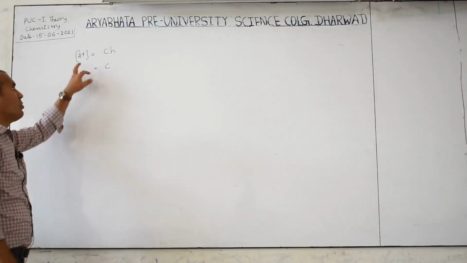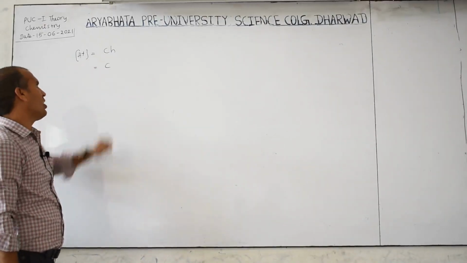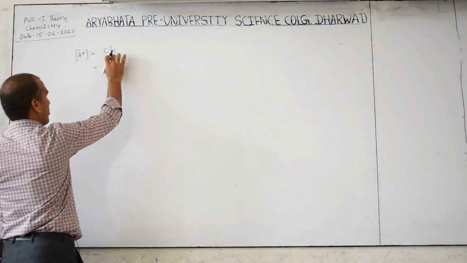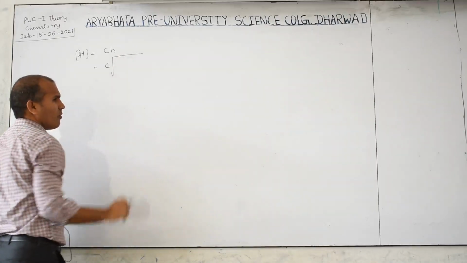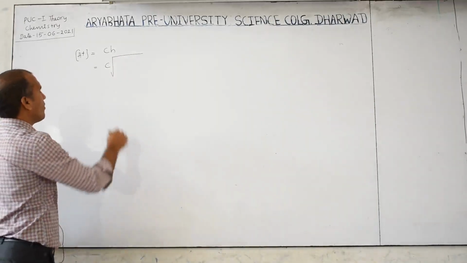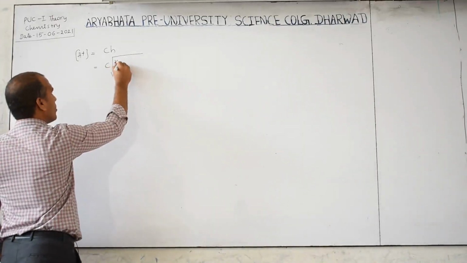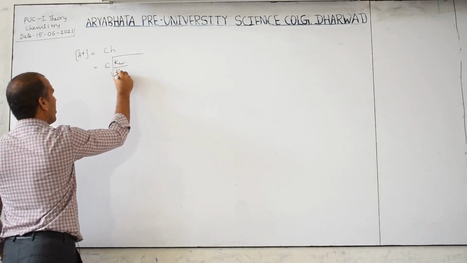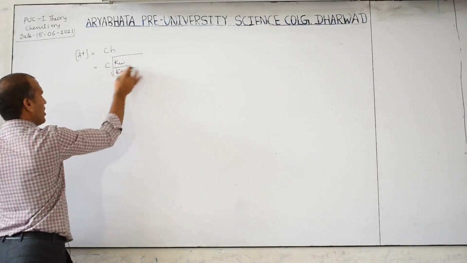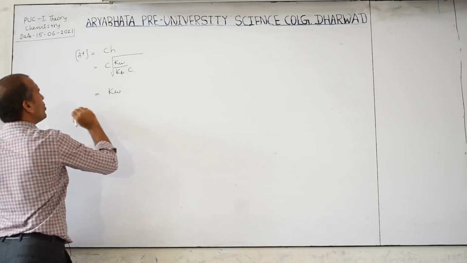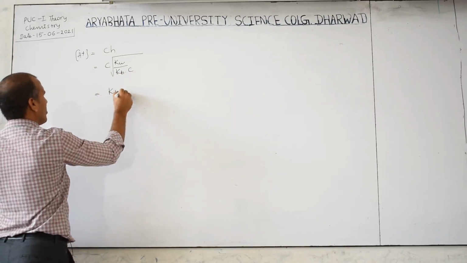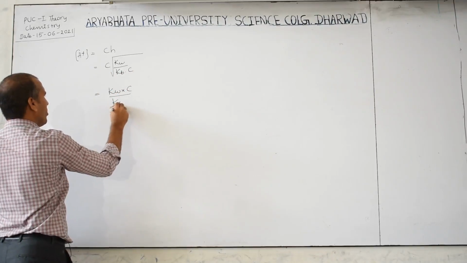Now H plus ion concentration is equal to C alpha. Alpha is nothing but h here. h is equal to root of Kw by Kb into C. When C comes inside, then this is C square, then Kw, one C cancels, then one C will be here, and this is Kb, under the root.